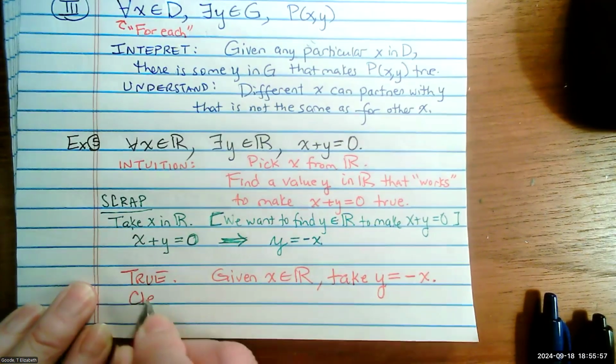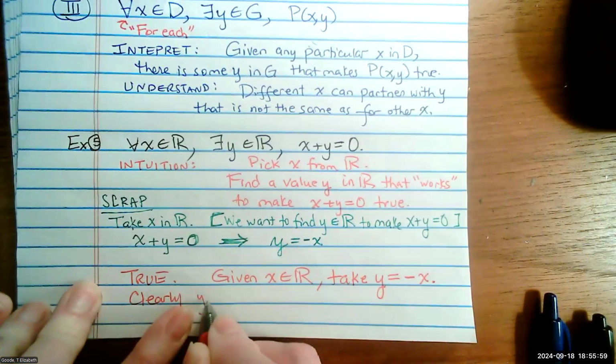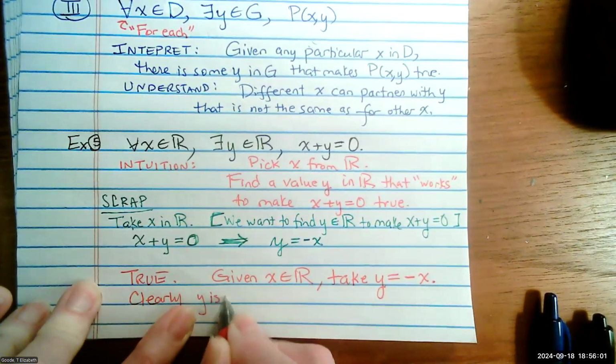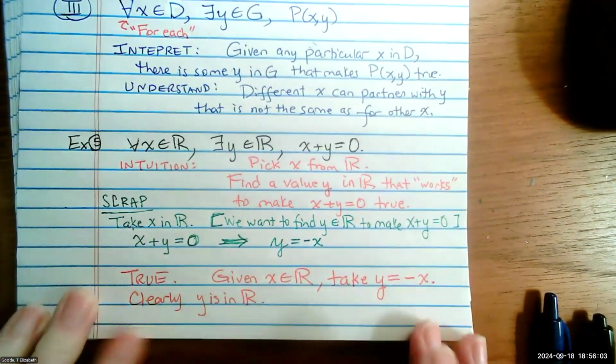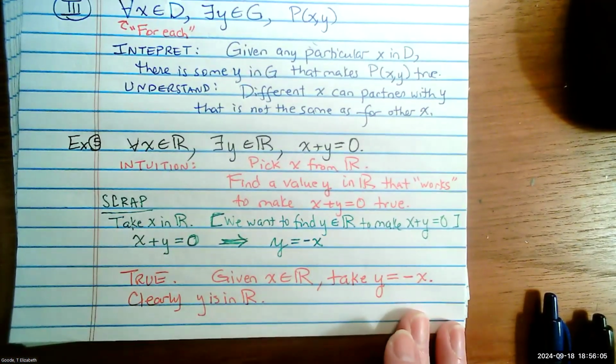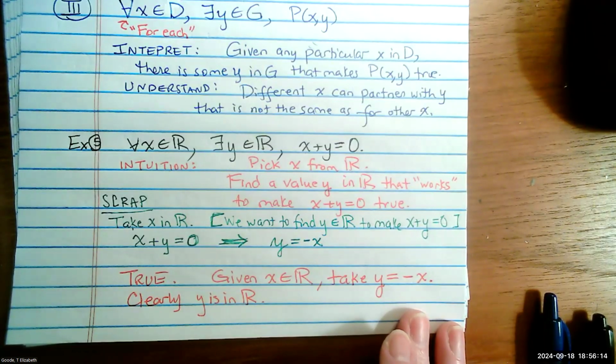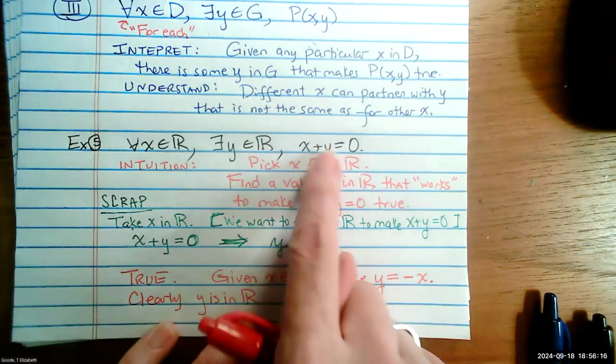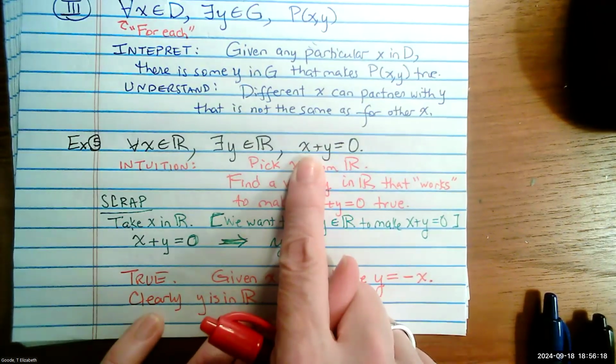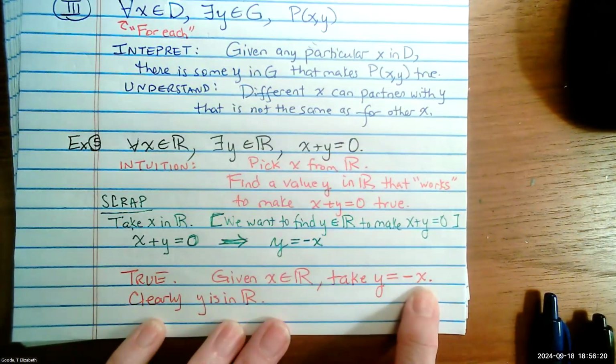So you can just say, hey, clearly y is in the reals, okay? By saying it, you're simply acknowledging there is a little something to do there. We got to make sure that the y that we select lives in the correct domain, okay? And then, of course, we want to verify that that property holds for our choice of y.